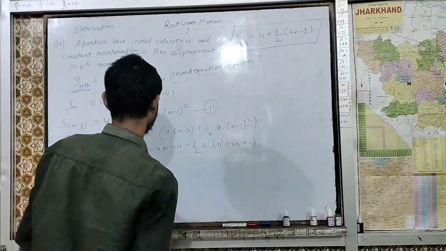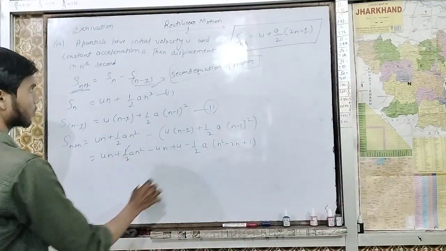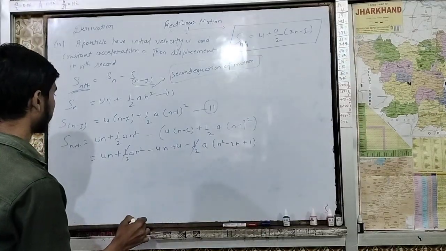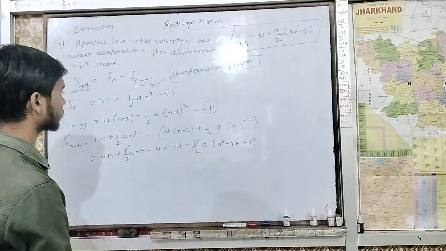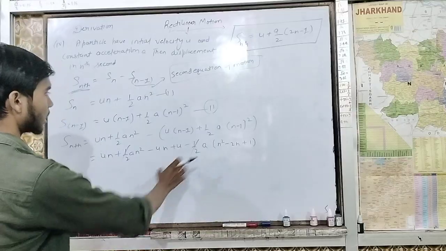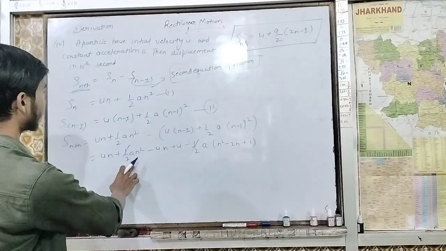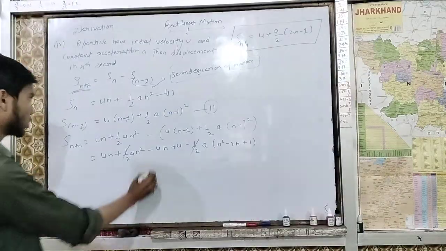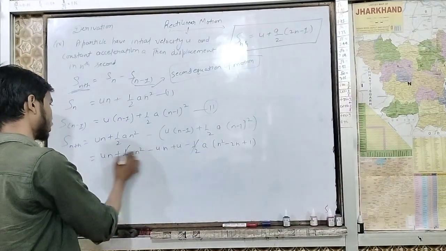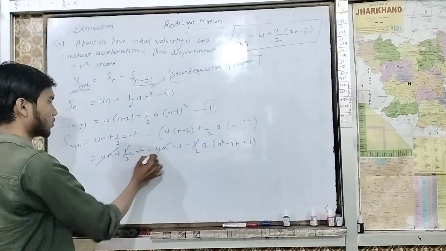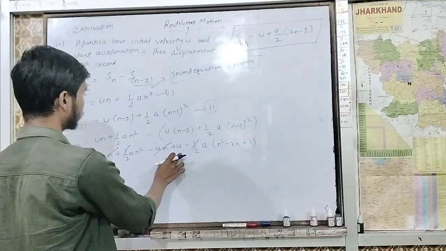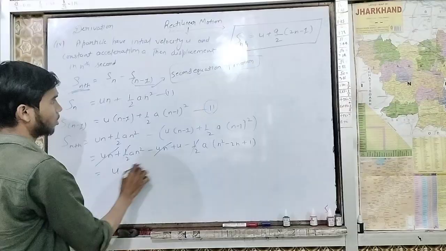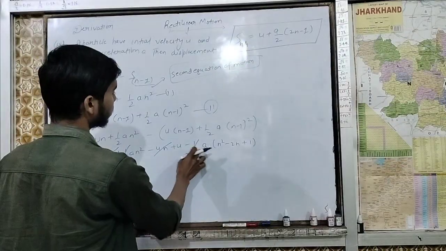Okay, you can see this half is cutting, this is cutting, a by 2. Here, minus un, so plus un minus un, yeah, finally u, and then we have a.